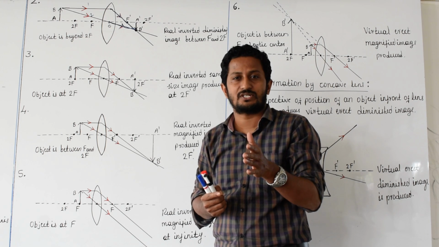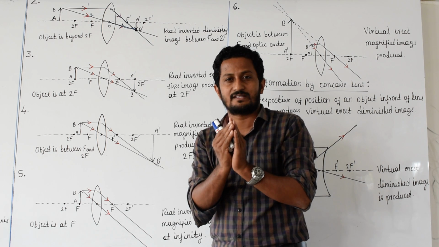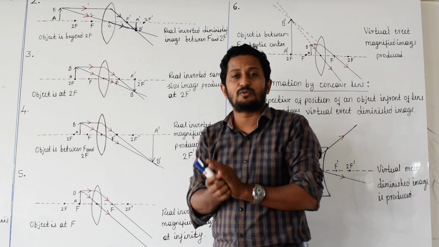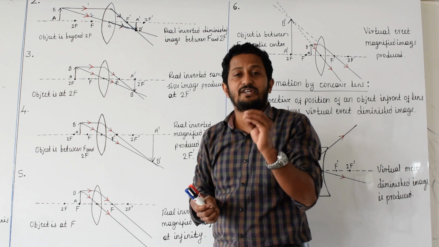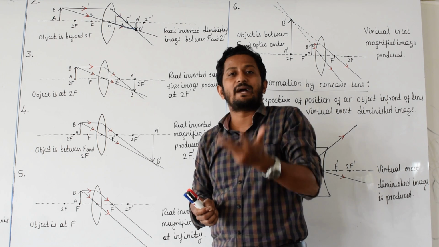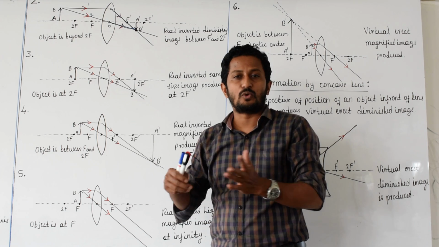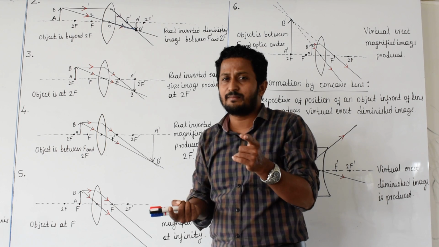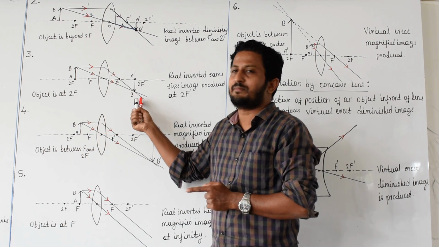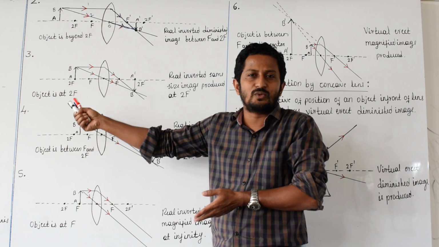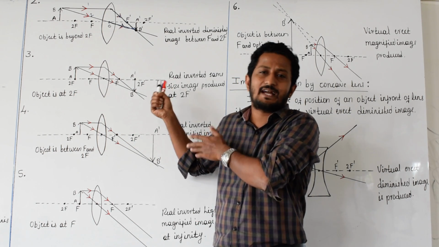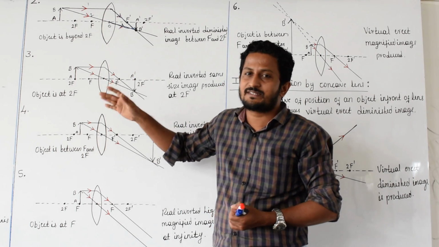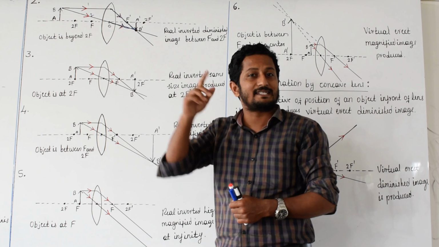In front of a biconvex lens, at which position does the linear magnification become 1 or minus 1? If you go with the sign convention, it looks like minus 1. Where does it become so? At the 2f position. When you keep the object at 2f, the image is going to be produced at 2f, same size. The height of the produced image is the same as that of the object. That's why h dash by h.